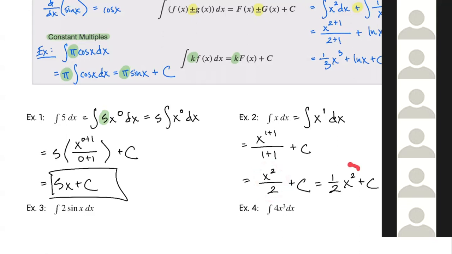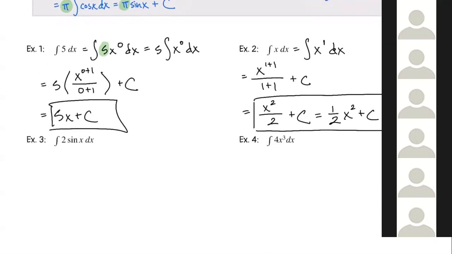And some of you will want to see the fraction in the front. Regardless of which one you choose, it is likely that your Calc 2 instructor and your Calc 3 instructor will have different ways of writing it, so it's important to know that they're the same, okay? All right, so far we've got our power rule. What rule might we want to use for example 3?